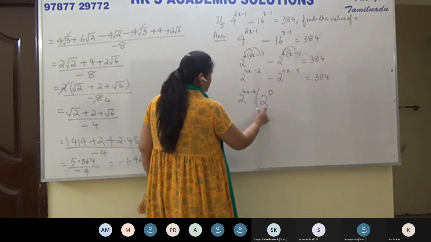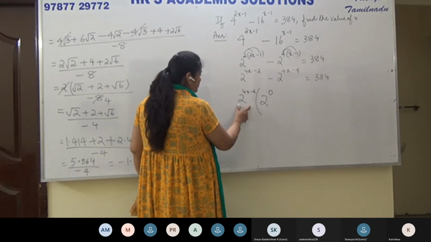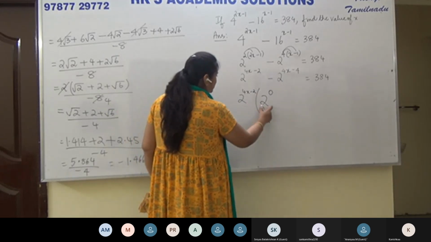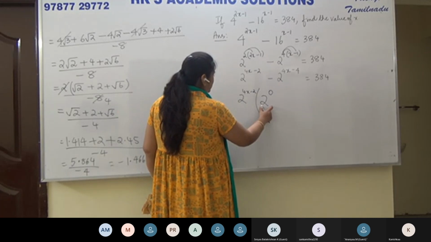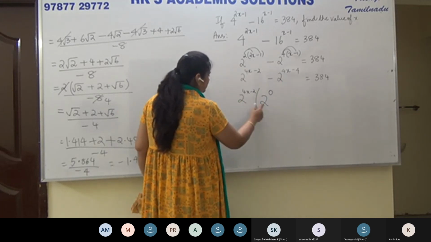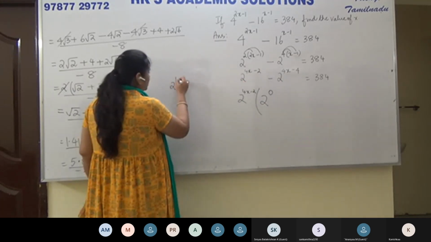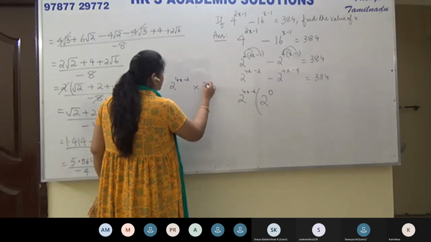Now, how does this work? Because we have taken out 2 to the power 4x minus 2 common, and we have the first term as 2 to the power 0. The product of these two should give us this. So what is 2 to the power 4x minus 2 into 2 to the power 0?